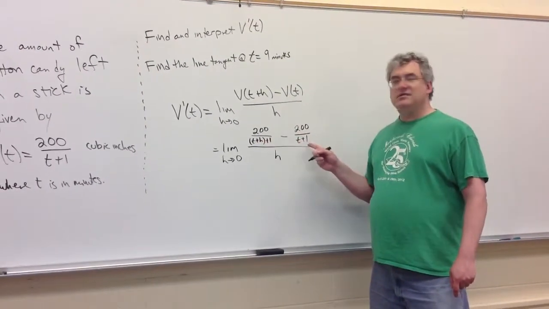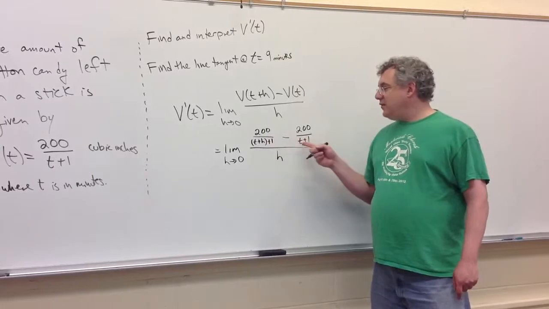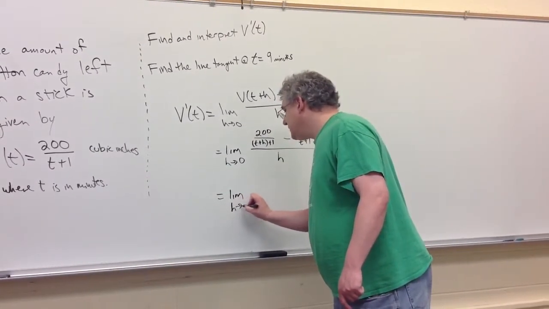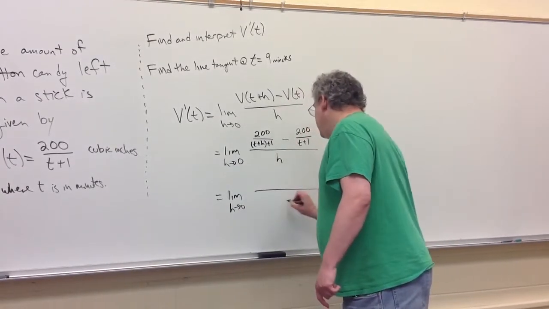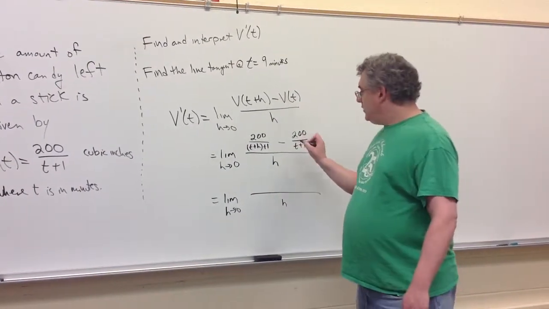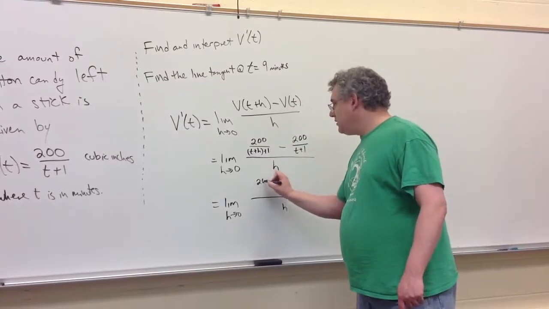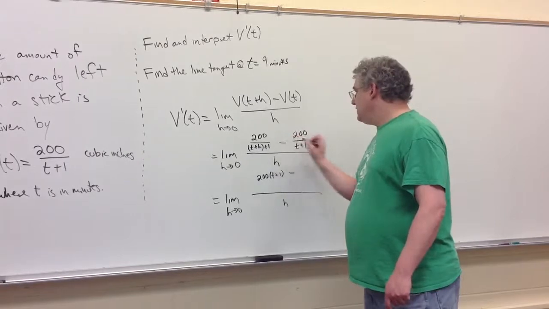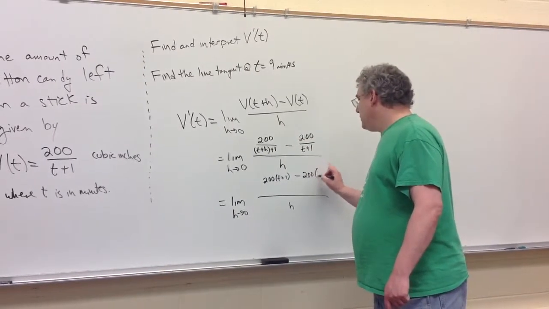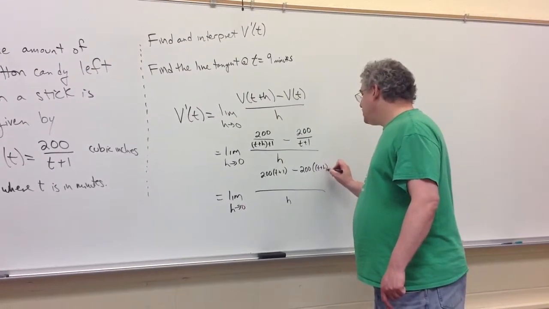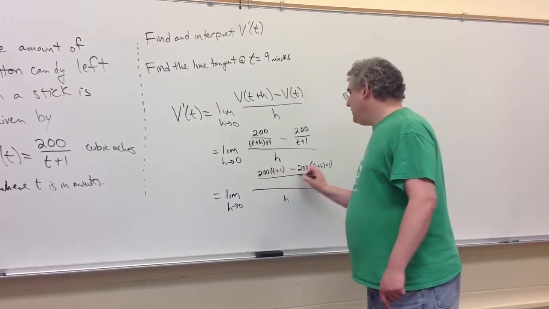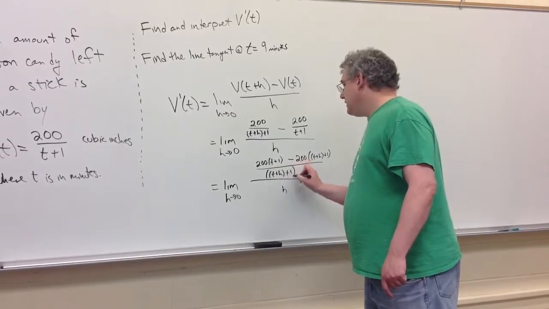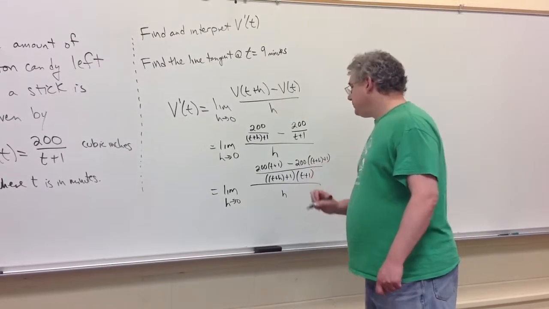This thing and that thing are different, so if I just multiply this one by that one, I can get the limit as h goes to 0 of, keep the h on the bottom for now, I'll multiply this over here, so I have 200 times t plus 1 minus that one on here, 200 times t plus h plus 1. And then right below it we have t plus h plus 1 and t plus 1 multiplied on.